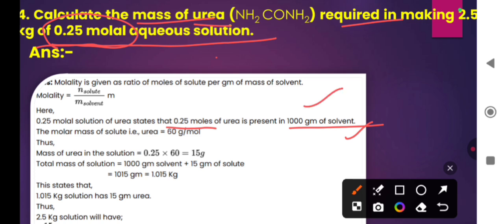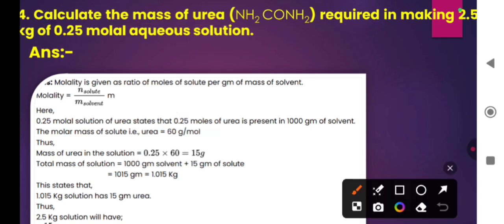Whenever molal is given, it means you have to solve in a solvent, in 1000 gram of solvent. So actually this is the value of molality. Since it is given in solvent, you have to convert this into solution. Then only you can solve for 2.5 kilogram of solution.